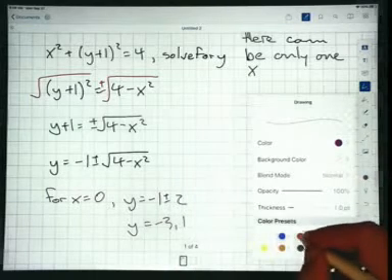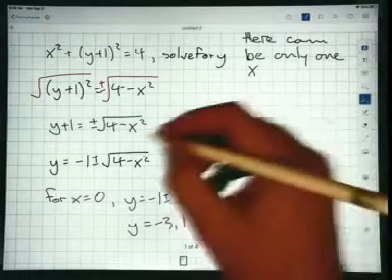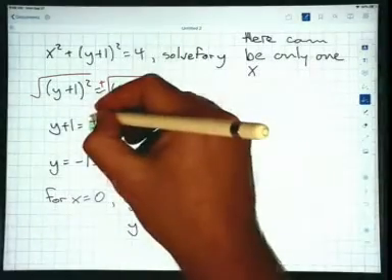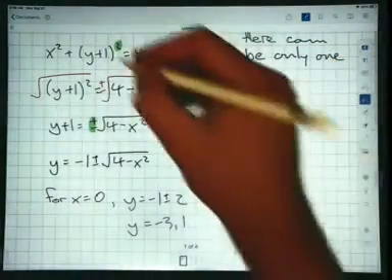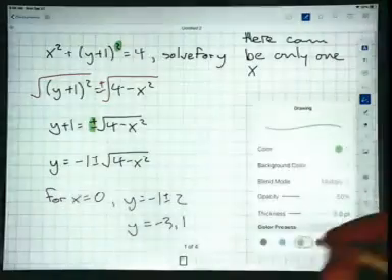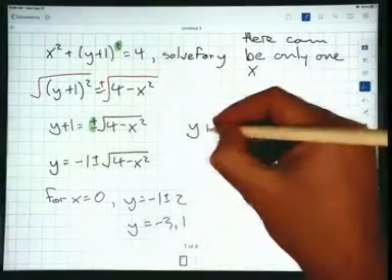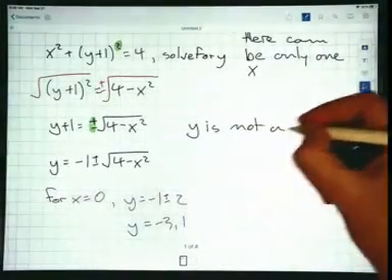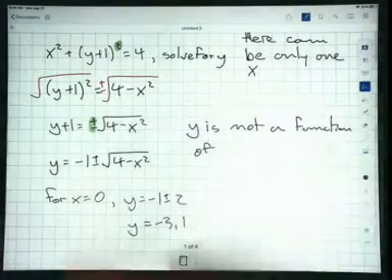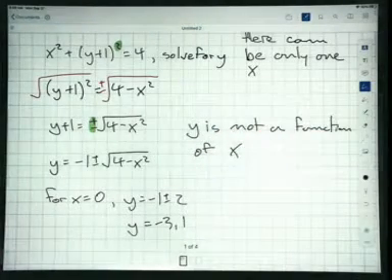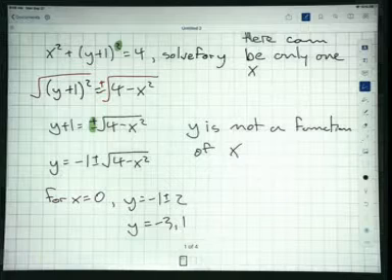And the key thing here, and I made note of this in the notes, is that if you ever have this plus or minus notation with your y, or in this case a y squared, anytime that you have a y squared or this plus or minus notation, we can then say that y is not a function of x.